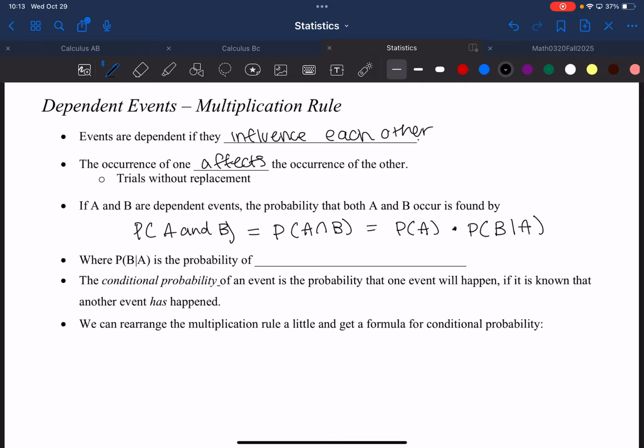So that is what this little bar means. It means given. The probability of B given A has happened. We're going to write that definition right there. So this is B given A has occurred, or A has happened.